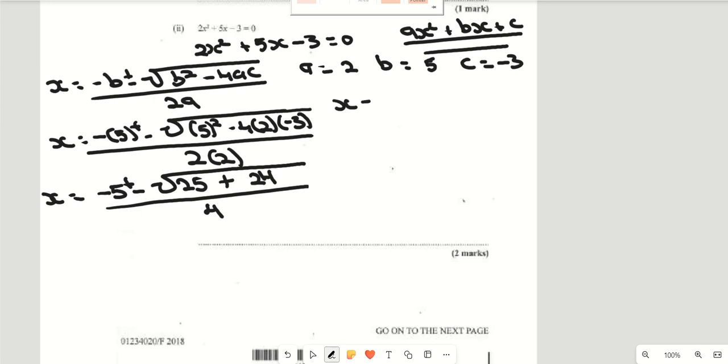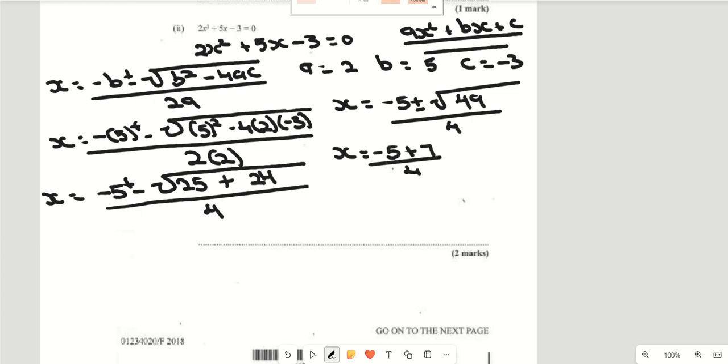So x would be equal to minus 5 plus or minus the square root of 25 plus 24 is 49, all over 4. So therefore x is equal to minus 5 plus 7 over 4, or x is equal to minus 5 minus 7 over 4.